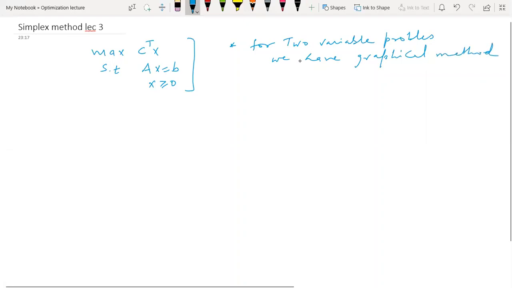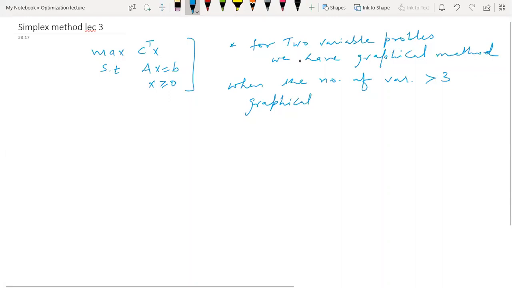But when the number of variables is greater than, say, 3, we cannot solve this problem by the graphical method. So the graphical method does not work.